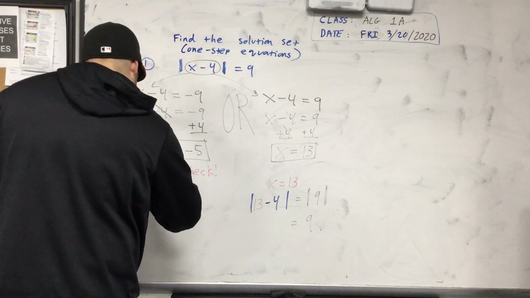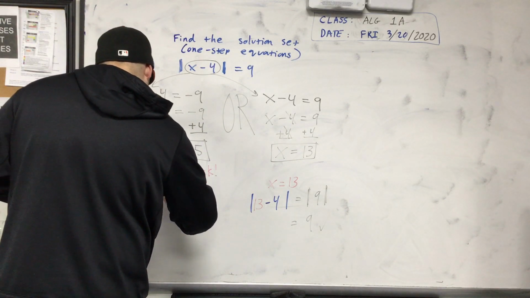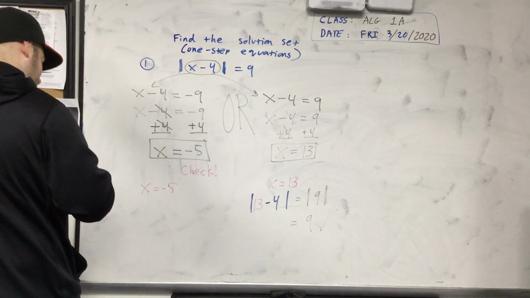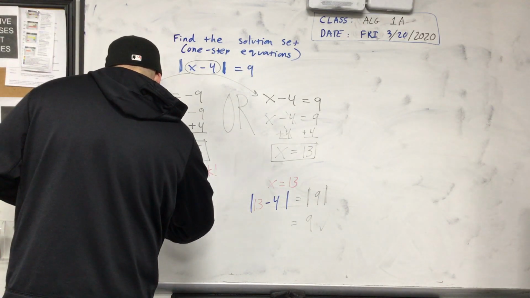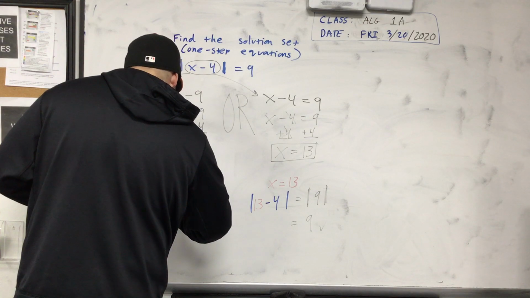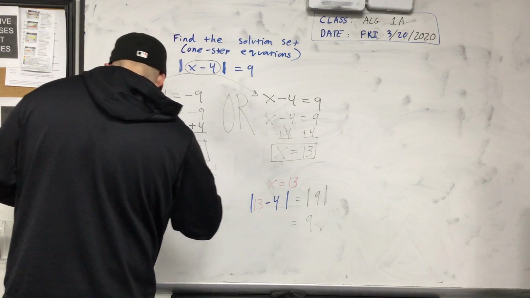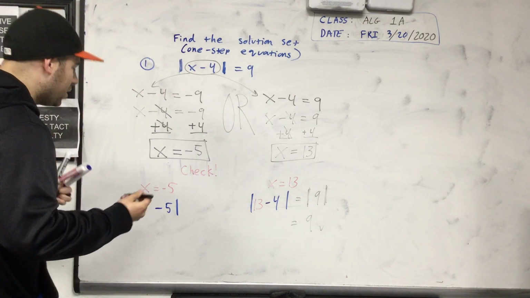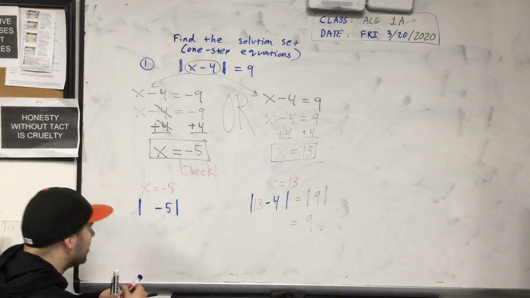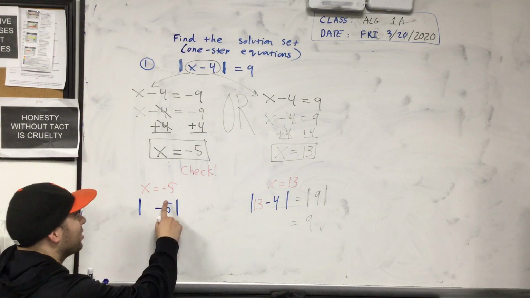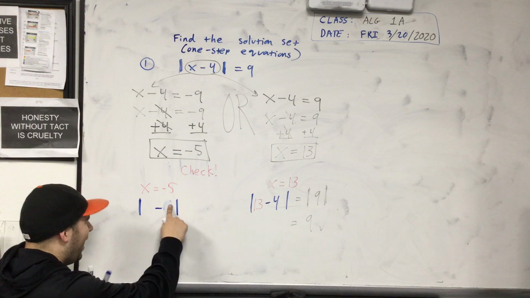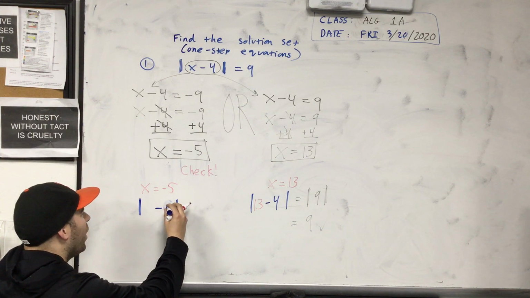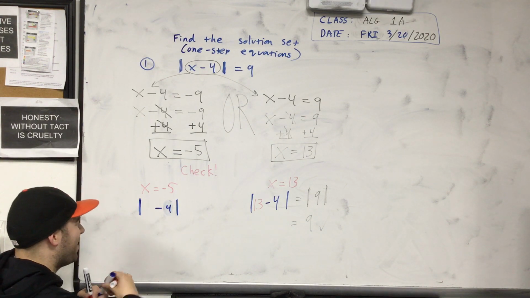So I've got x equals negative 5. I'm going to check plugging in x equals negative 5 into that equation. So I've got x minus 4, where x is negative 5. Sorry about that, that's a typo.